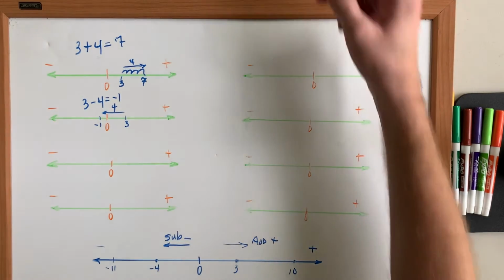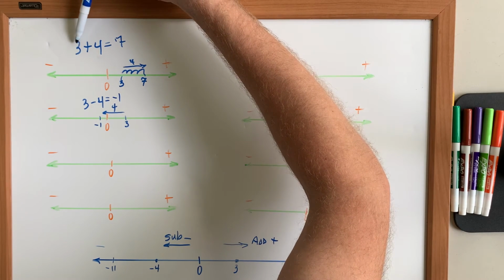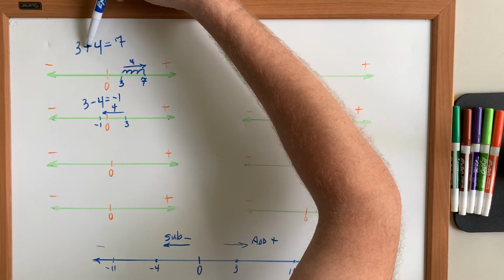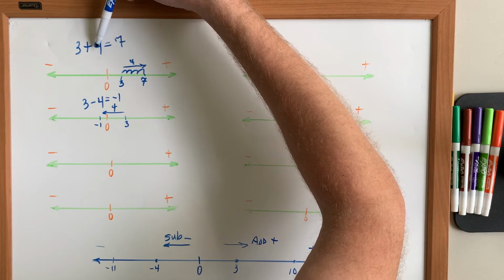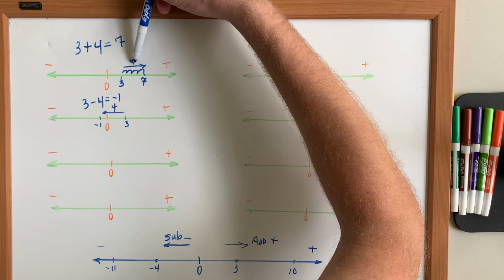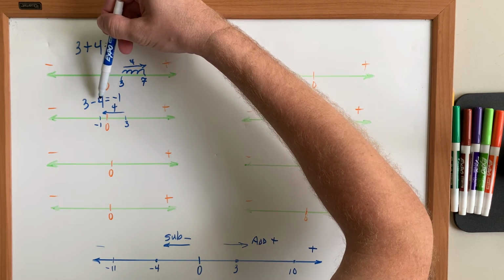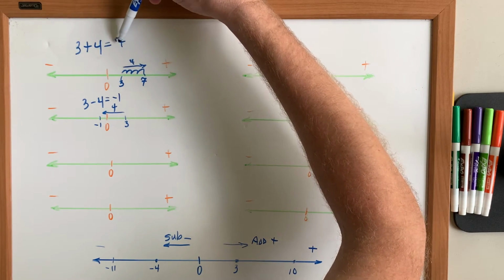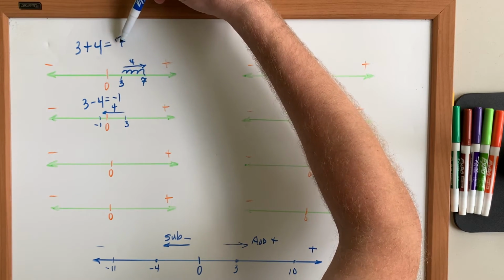In each of these examples, this is where we start on the number line, the first number. This is what direction and how far. So we moved 4 units to the right because we're adding. And down here, we moved 4 units to the left because we're subtracting. And the equals is where we landed on the number line.